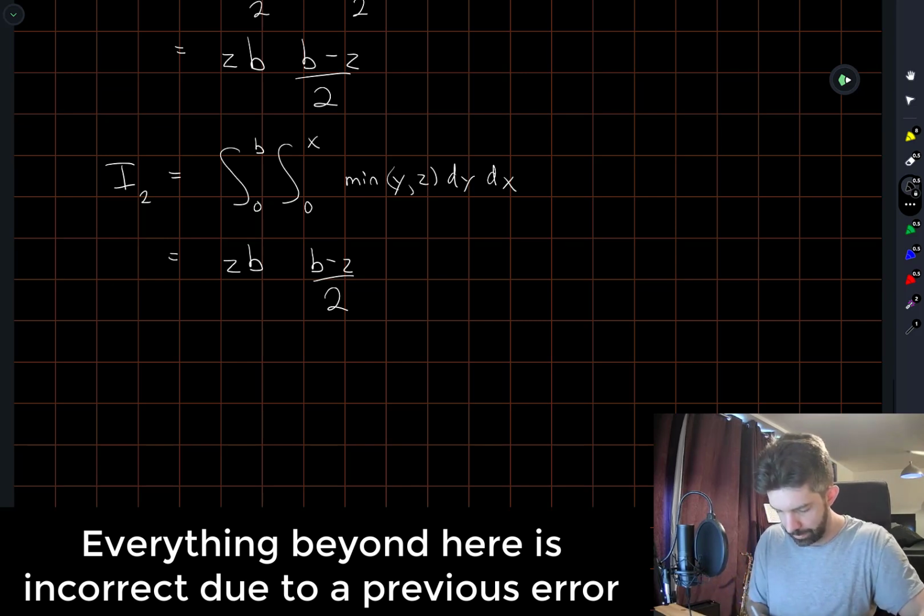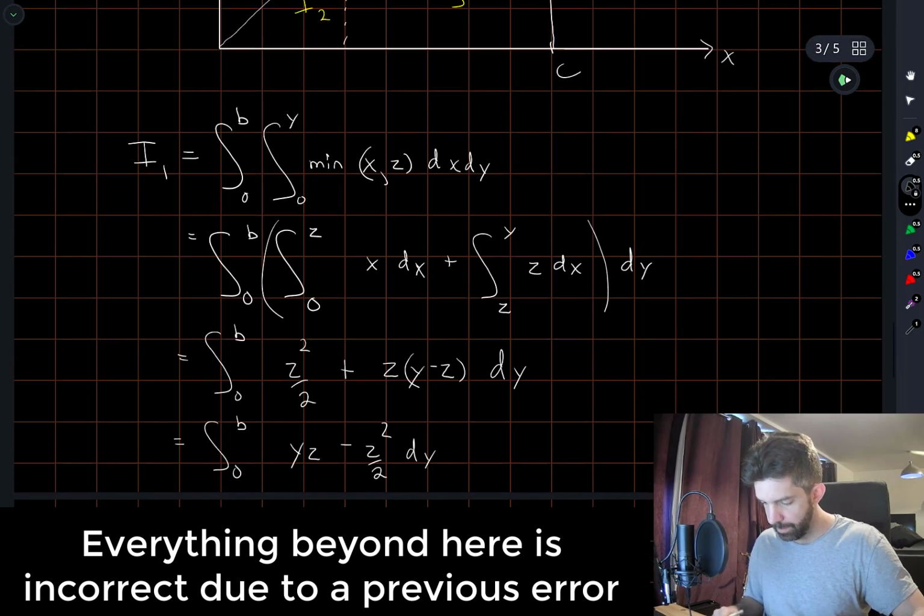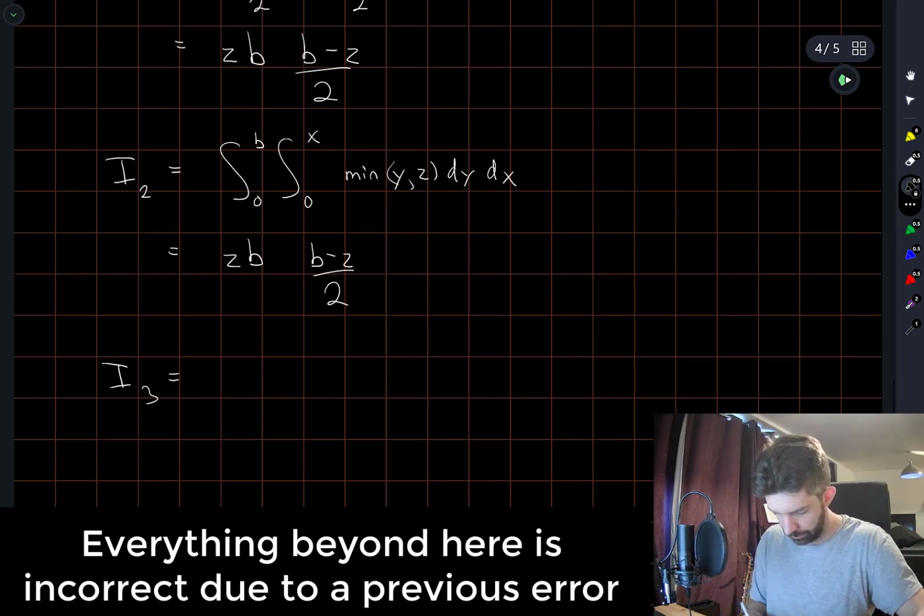Okay, and I3 is an integral from b to c, integral from 0 to b.